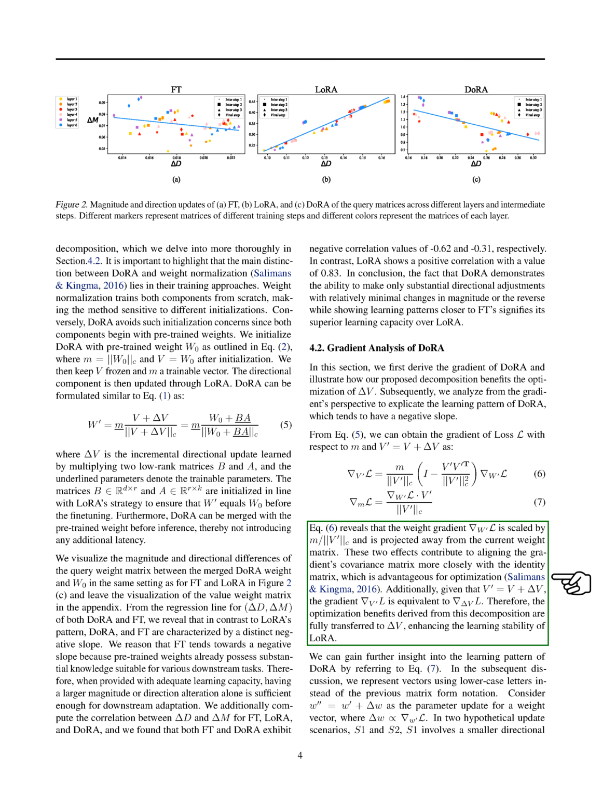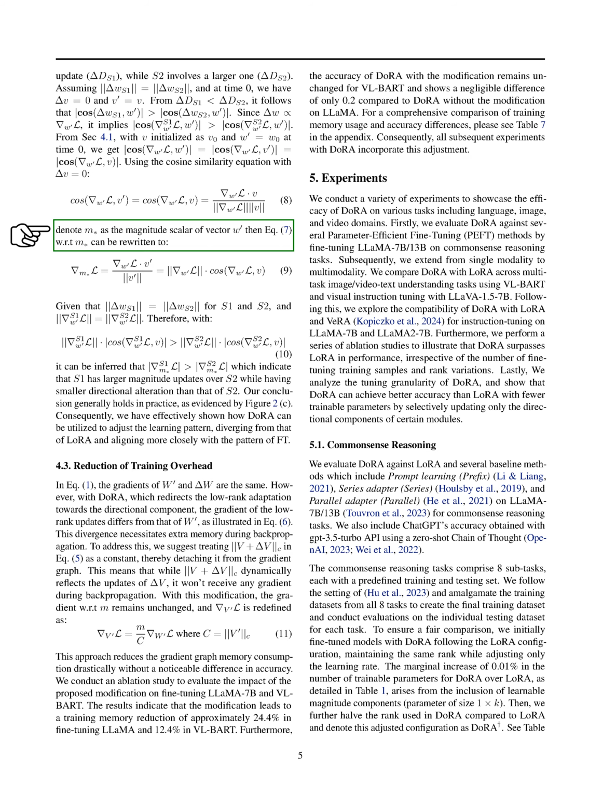Assuming the magnitude of delta W is the same for both scenarios, and initially, delta V is 0 and V prime is just V, we find that the cosine of the angle between delta W in S1 and W is larger than in S2. This implies that the updates in S1 are more aligned with the original direction of W than those in S2.